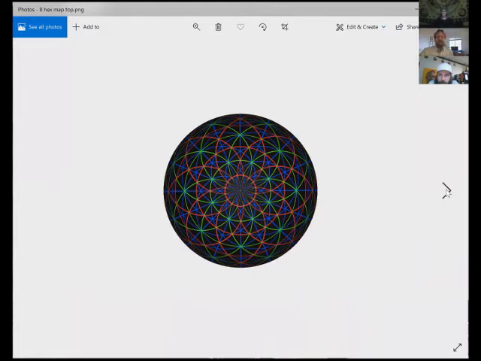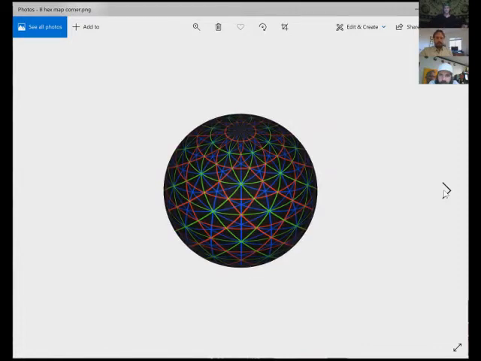Let's say you're standing inside of a geometry or a lattice of magnets or stars or whatever you want to imagine, and there's a sphere surrounding you. What would that projection look like on a sphere?